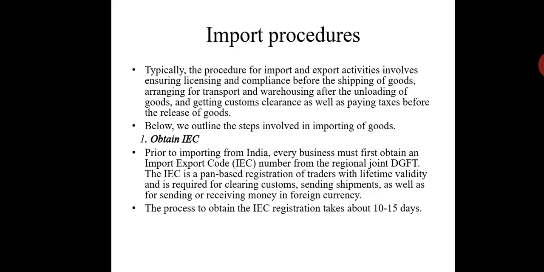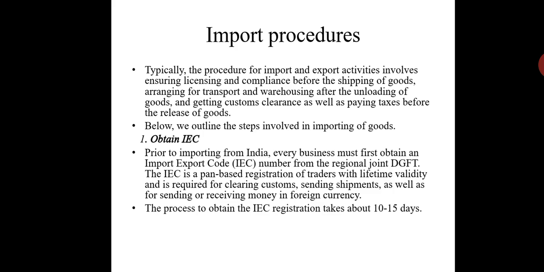So first is obtaining IEC. Obtaining IEC means you need to get a number for your business transactions, for importing and exporting of goods. IEC is like an Aadhaar card number. The IEC number is also an identity number that you are going to use for a lifetime, but it is business related, and it is specifically used for importing and exporting.